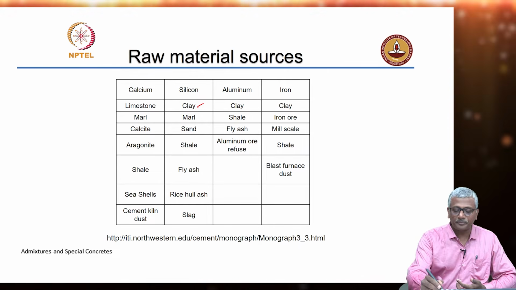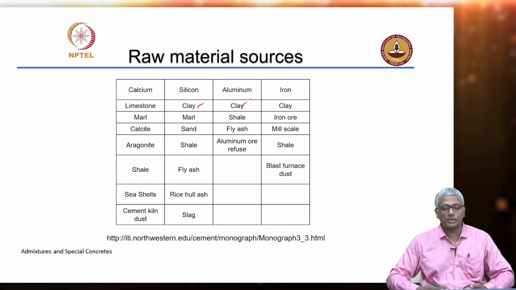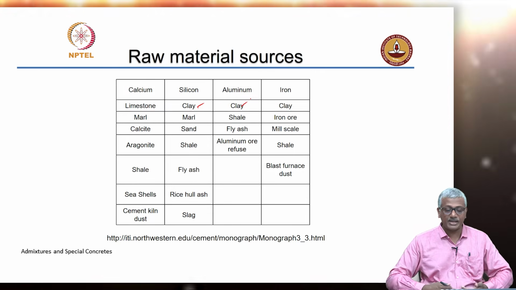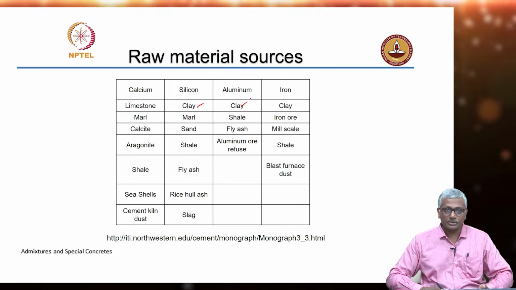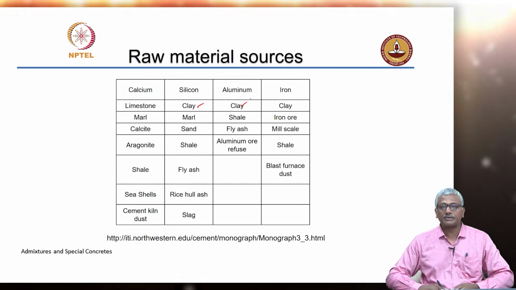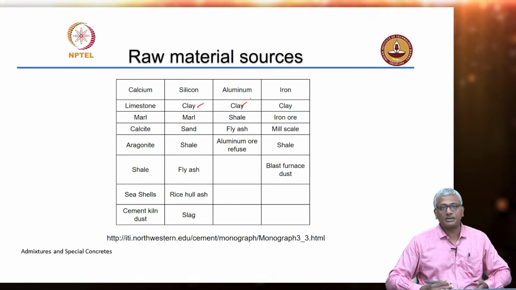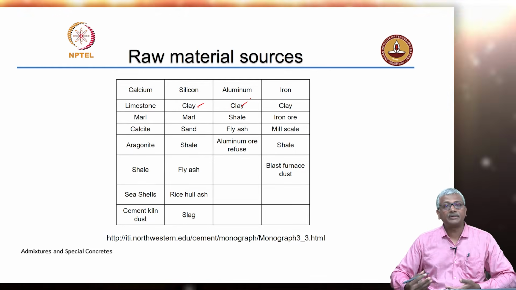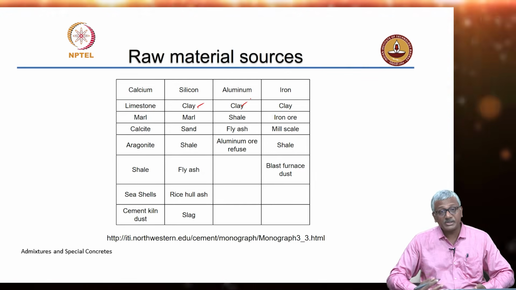Silica and alumina you are primarily getting from clay, but there could be other sources from which you can also obtain the silica and alumina, like marl or sand or shale. Sometimes fly ash or rice hull ash or slag can also be used as alternative materials to give you the sources of silica, and to some extent alumina also. Iron, as I said, can be an impurity present in clay or in the limestone, but it can also sometimes be added additionally as iron ore, or even mill scale could be added.